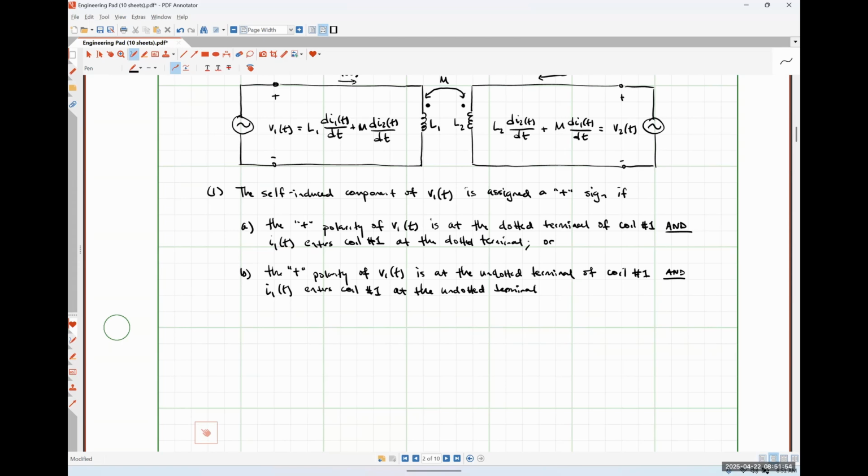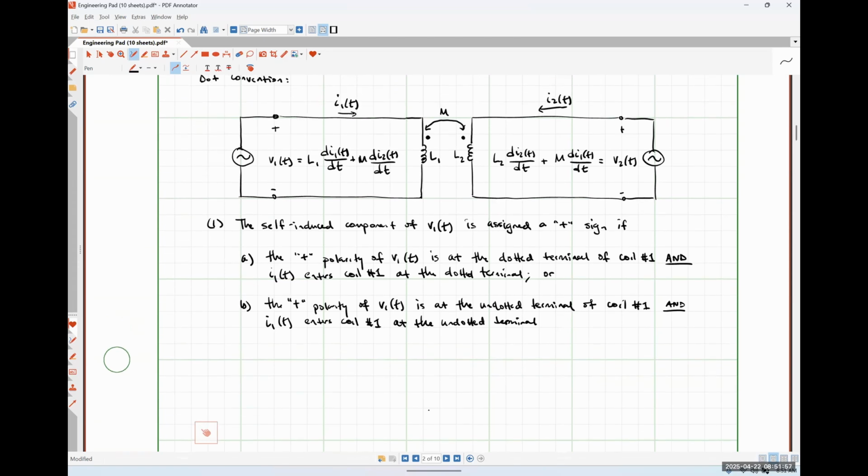So let's just check things really quickly so that we can all make sure that we're understanding what's going on here, okay? So the positive polarity terminal of V1 is at the dotted terminal, okay? So here's my positive polarity terminal for V1, and it is indeed on the dotted side of our coil 1, okay? And our current I1 is flowing into the dot. So that means that that term L1 di1 by dt should indeed have a positive sign.